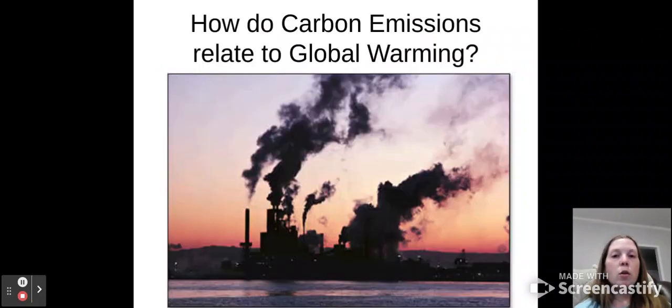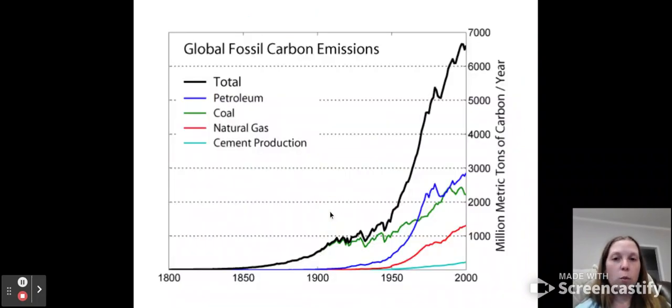So how do carbon emissions relate to global warming? Global fossil carbon emissions, you can see these here. Petroleum, that's gas. So that's the blue one. You can see how high that is, especially from 1950 to 2000. You see that huge spike that they've got.